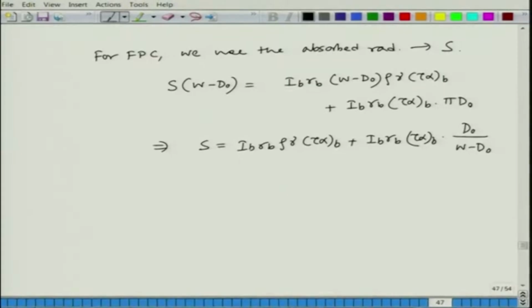Sorry, this expression will not be pi d naught, but d naught. Okay. Yes, that is correct. So, now the equation of dQ u naught is simplified in terms of S minus UL divided by C, times Tp minus Ta.